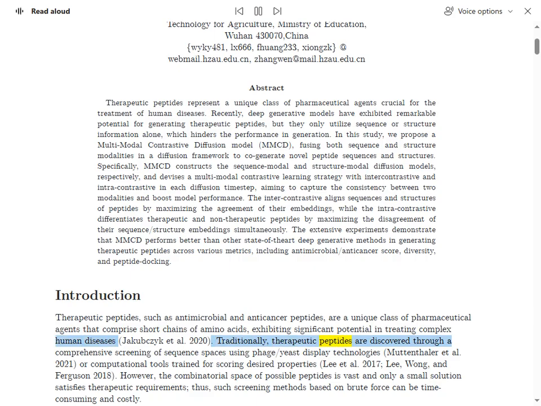Traditionally, therapeutic peptides are discovered through a comprehensive screening of sequence spaces using phage/yeast display technologies or computational tools trained for scoring desired properties, Li et al. 2017, Li, Wang, and Ferguson 2018. However, the combinatorial space of possible peptides is vast, and only a small fraction satisfies therapeutic requirements. Thus, such screening methods based on brute force can be time-consuming and costly.